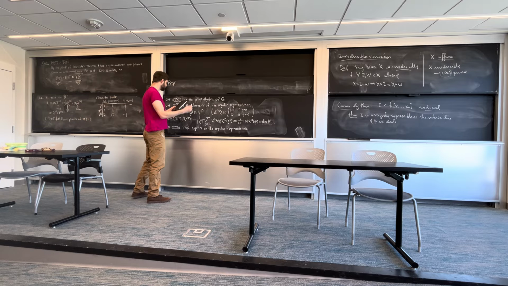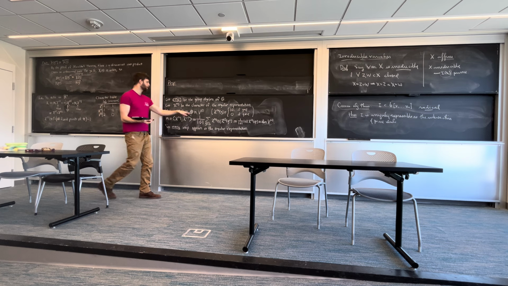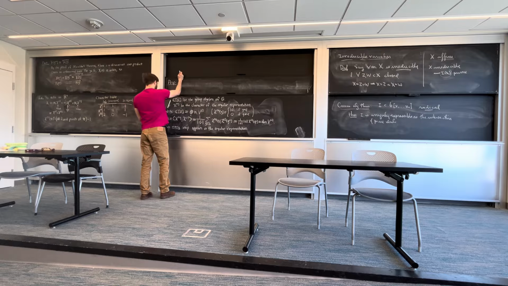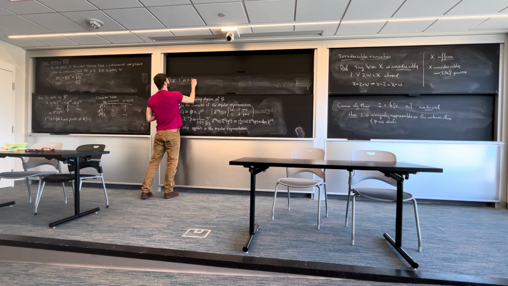Okay, so the same setup as before. G is a finite group. We're going to decompose the group algebra in this way. And so then the proposition says, first of all, what I just wrote: m_i is the dimension of V_i.